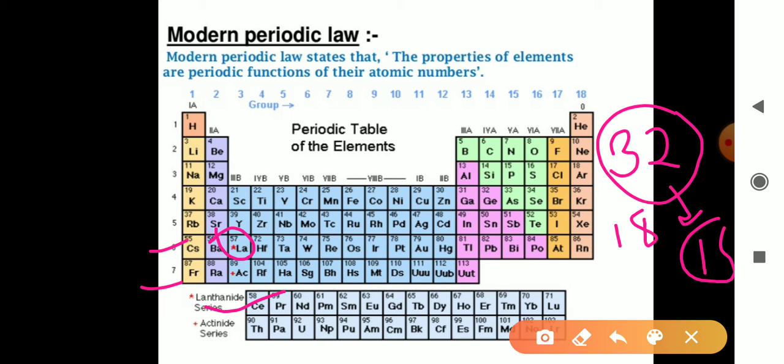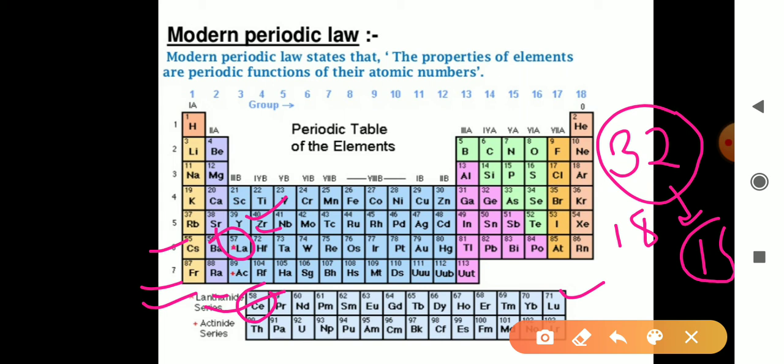Here is atomic number 57 and here is 58, so 58 to 71, and then here 72 continues. So these 14 elements are placed below the table from the 6th period, and these are called the lanthanide elements, or the lanthanide series.